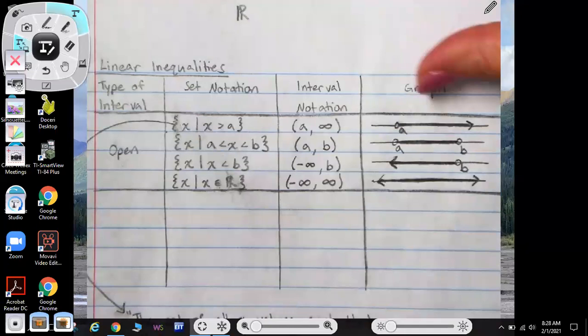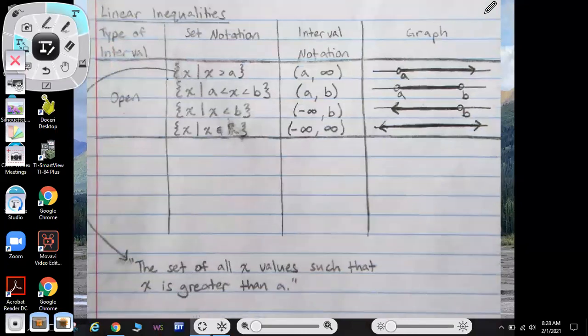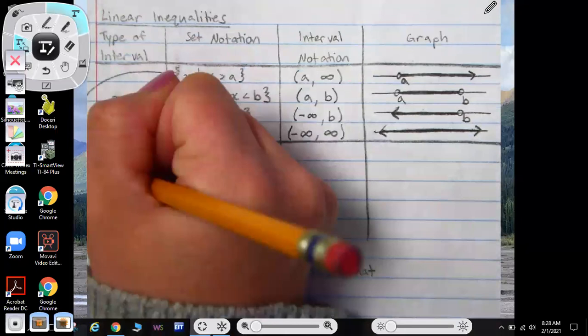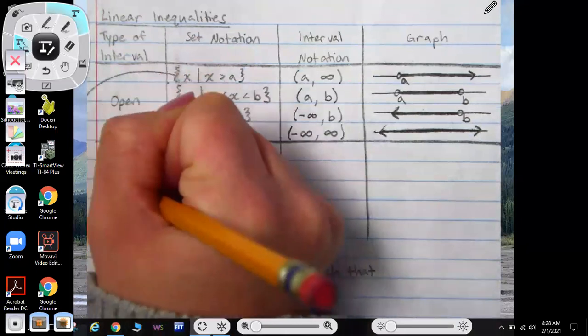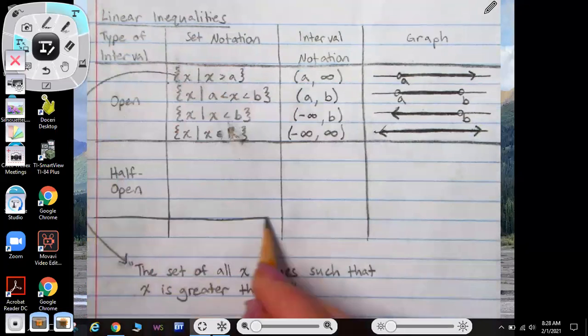Okay, the next four types of intervals that we're going to look at are half open. So we got four more intervals, and they're all half open intervals.